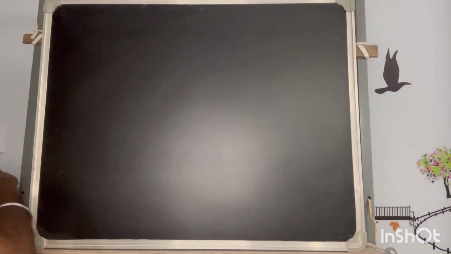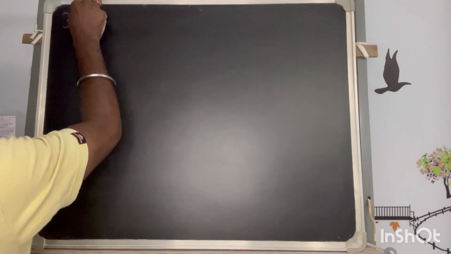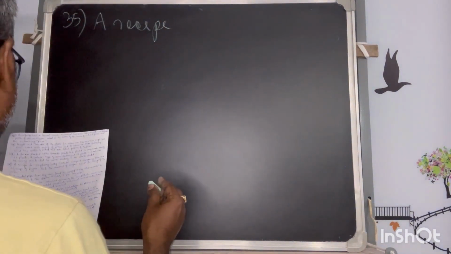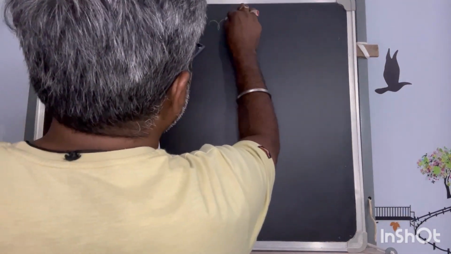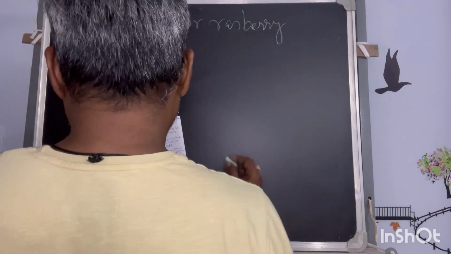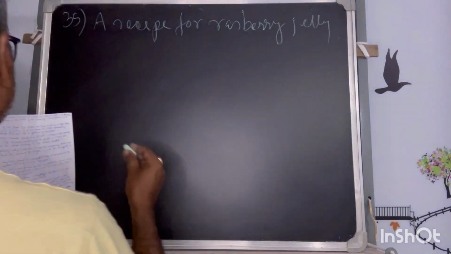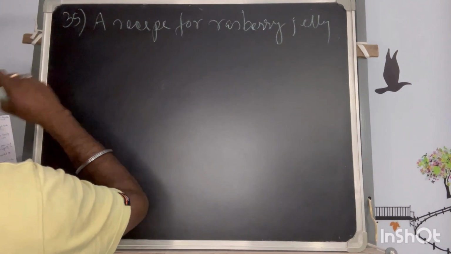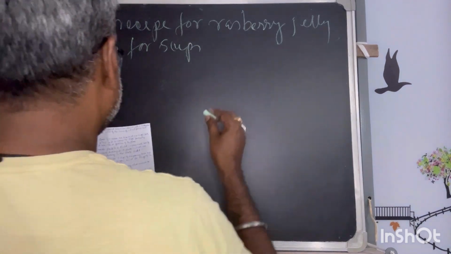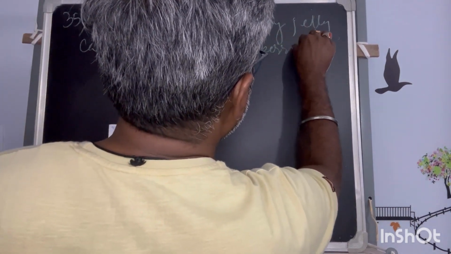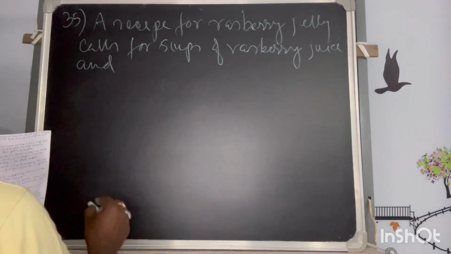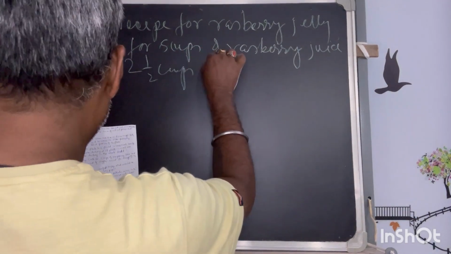So the next is 35. A recipe for raspberry jelly calls for 5 cups of raspberry juice and 2.5 cups of sugar.